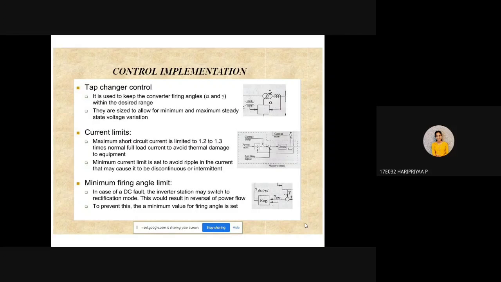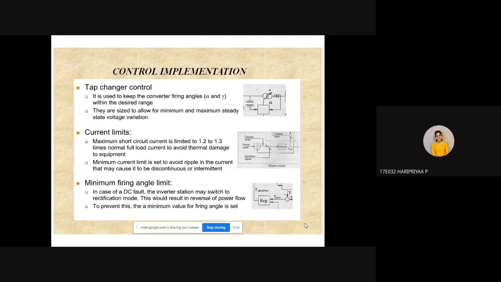The current limit is about 1.2 to 1.3 times the normal full load current. This is done to avoid thermal damage to the equipment. The minimum current limit is set to avoid the ripple in the current that may cause it to be discontinuous or intermittent. Then, minimum firing angle limit.